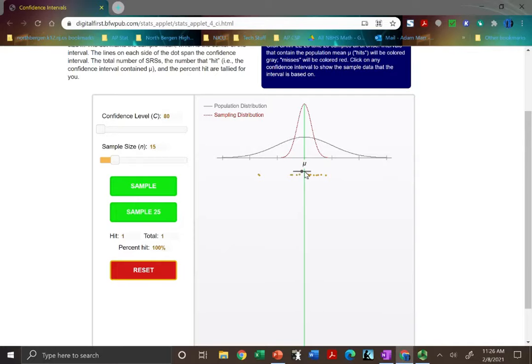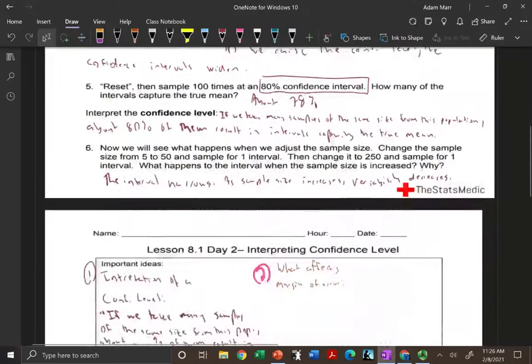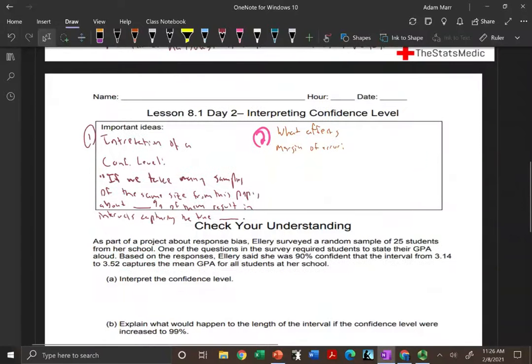So the margin of error is basically half of the confidence interval. Let's talk about what affects margin of error.